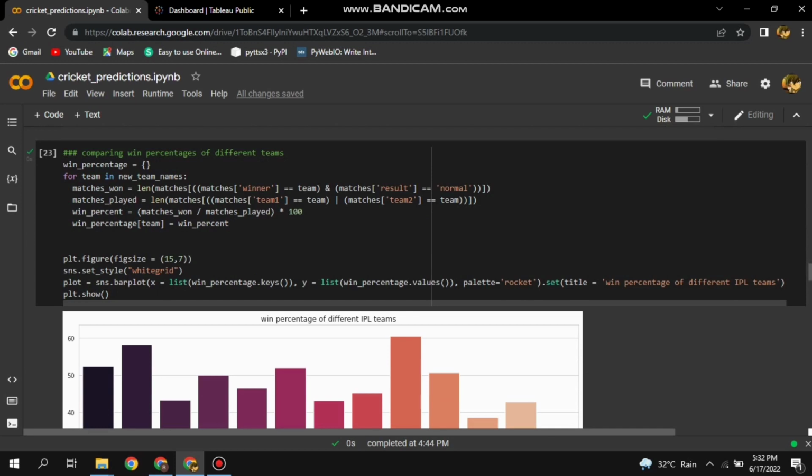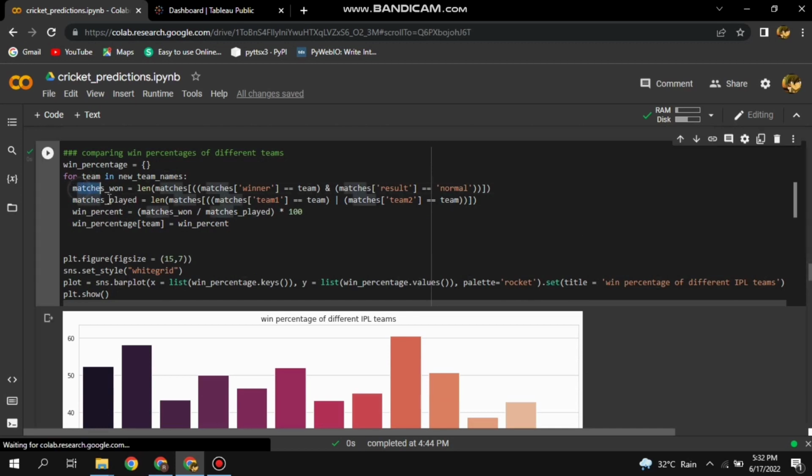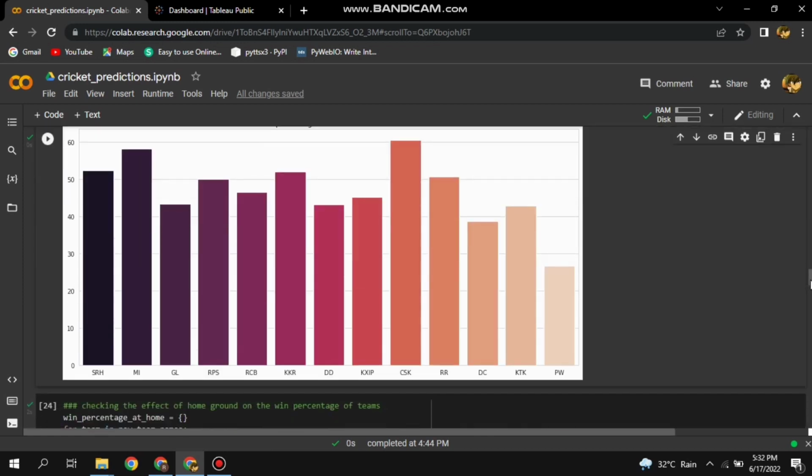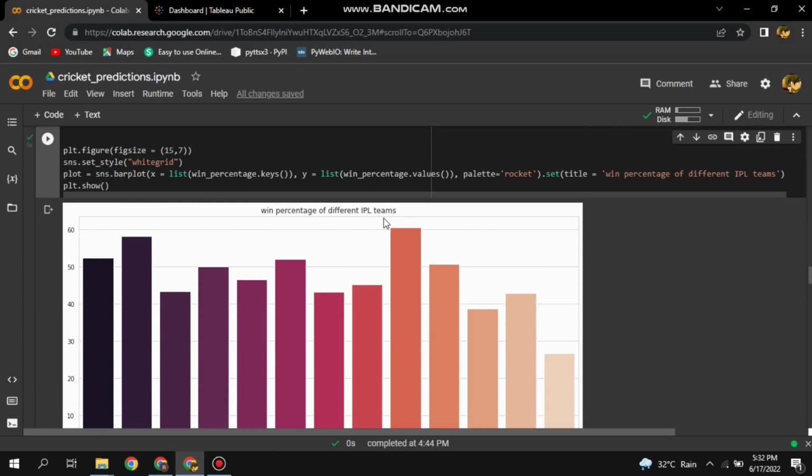And after doing that I displayed a bar chart containing the win percentage of different teams, or it can also be said as the chances of winning for different teams.